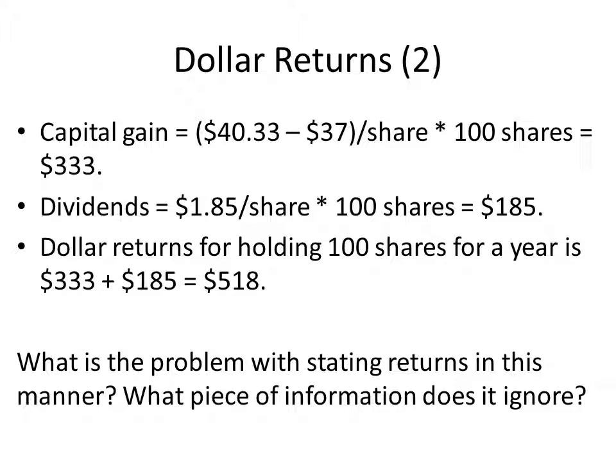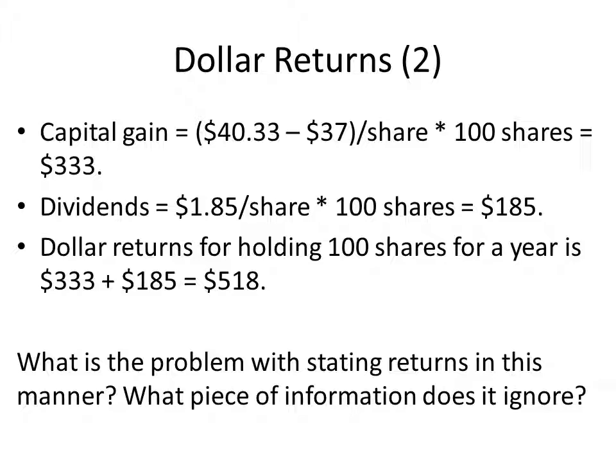Each share collected $1.85 in dividends, and there are 100 shares, so $1.85 times 100 is $185. And so we can find the dollar returns for holding 100 shares for 1 year to be $333, the capital gain, plus $185, the dividend. That gives us a total of $518.